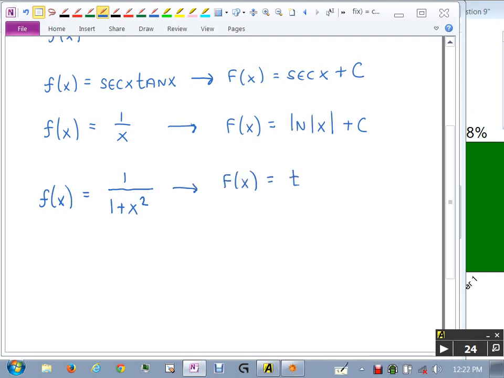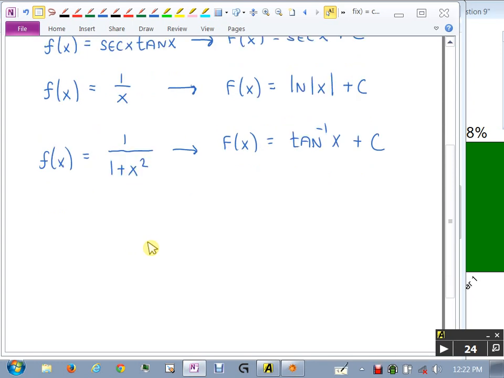This was the derivative of arctangent of x, wasn't it? So we need to be able to recognize from here on out that if we ever have 1 over 1 plus x squared or 1 over x squared plus 1, either one, that backwards to get the antiderivative, we need to remember it's the arctangent, right? Some other ones that we just learned.